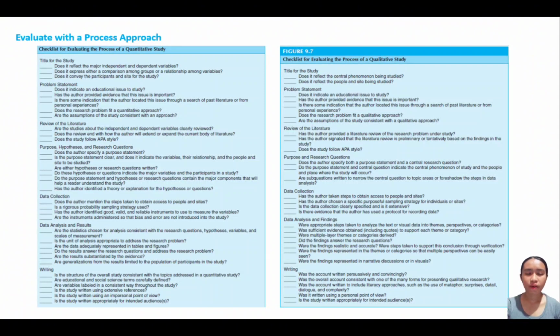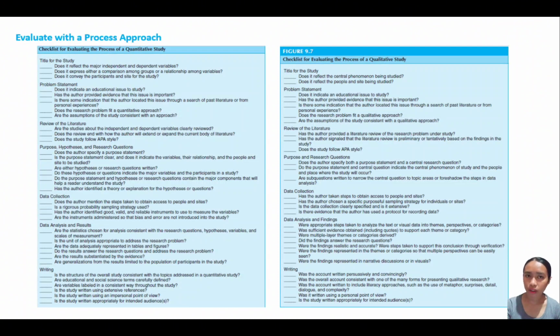For instance, the title should accurately reflect the central phenomenon and participants being studied. The problem statement should clearly articulate an educational issue and demonstrate its significance. The review of the literature should provide a comprehensive understanding of the research problem and its context, while the purpose statement and research questions should align with essential phenomena and study participants.